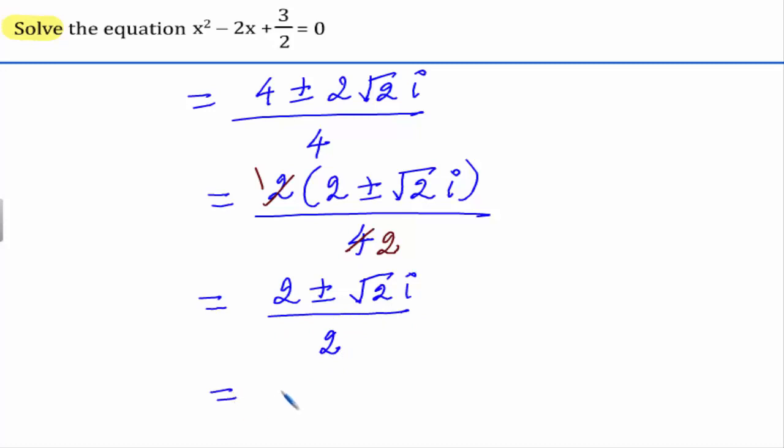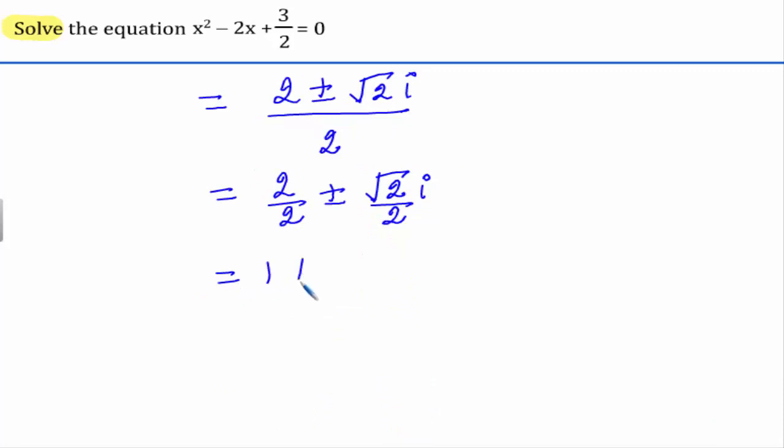We can write this as 2 by 2 plus or minus root 2 by 2 i. So this will be equal to 1 plus or minus root 2 by 2 i. Therefore, we have found the values of x.